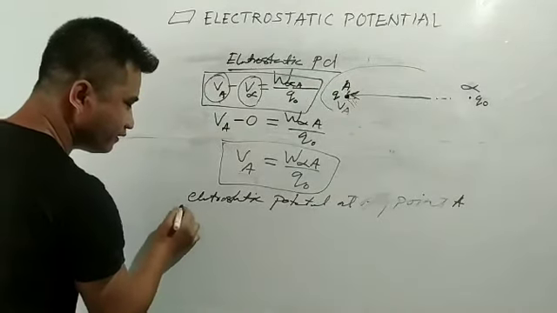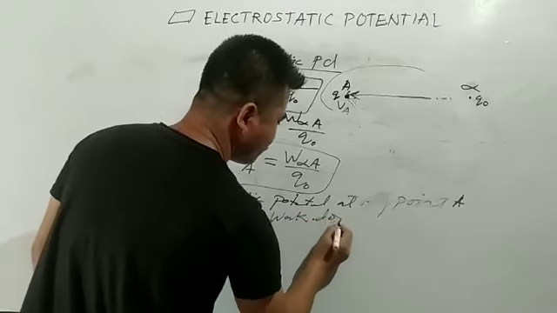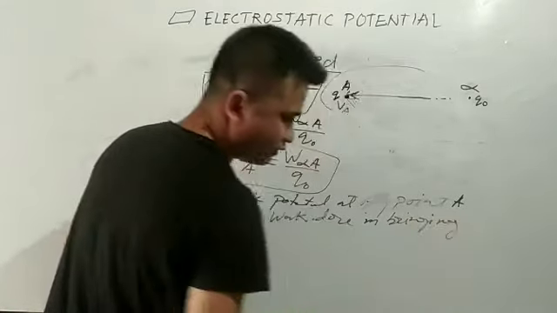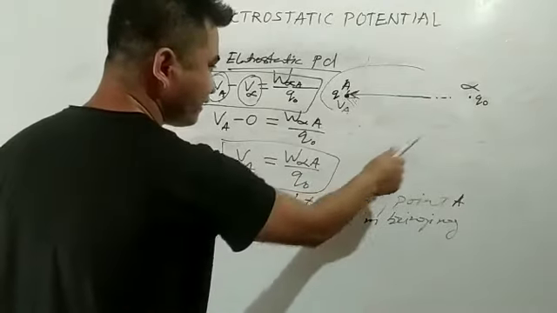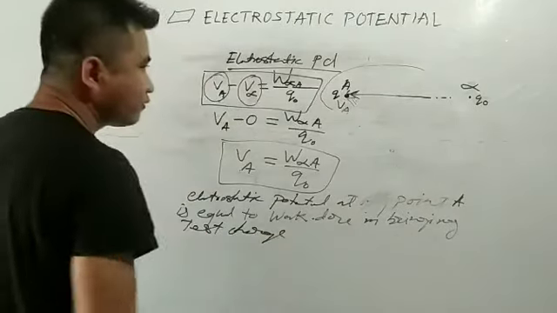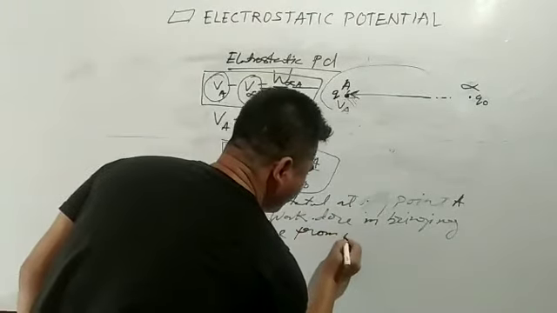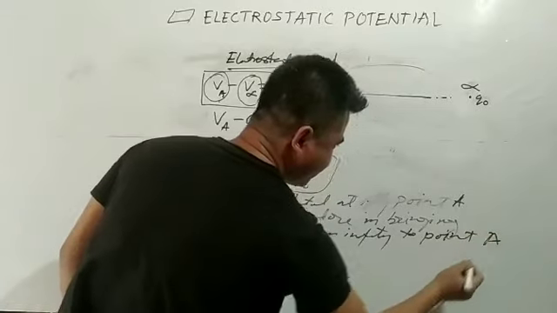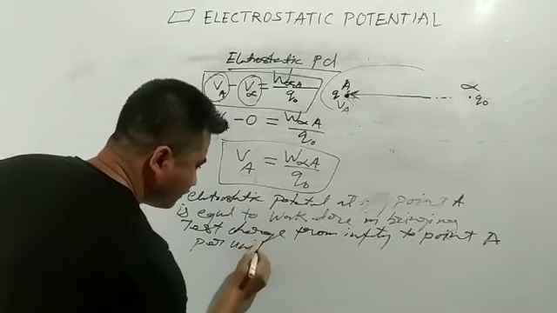A is equal to work done in bringing the test charge from infinity to point A per unit test charge.